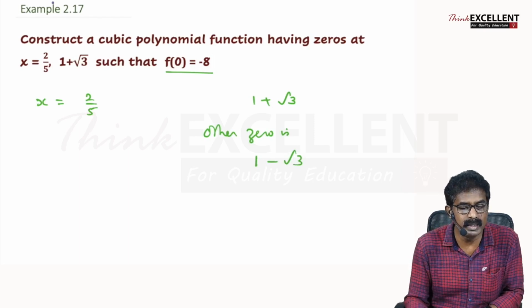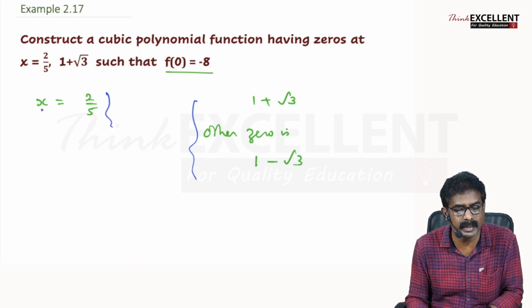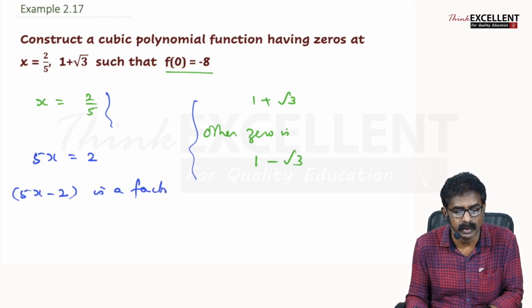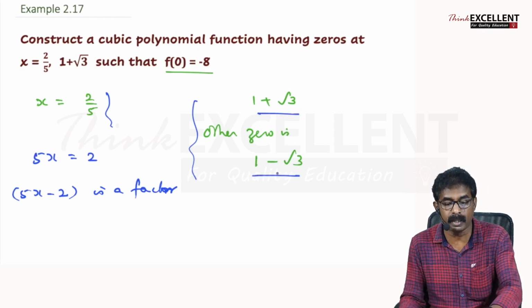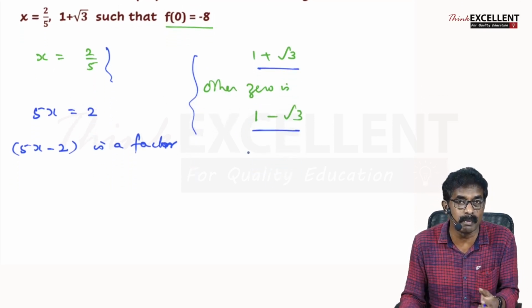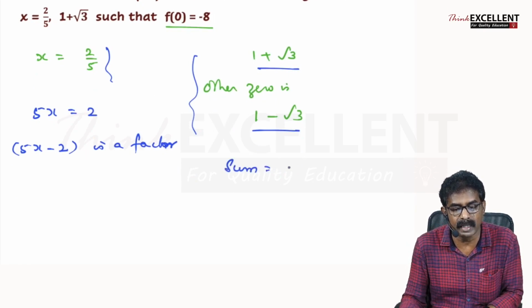So now with these zeros, you can find the factors. Here x equal to 2 by 5, right? So cross multiply, 5x is equal to 2. Bring it to the left side: 5x minus 2 is a factor. In the second case, there are two zeros, right? To find the factor, a quadratic polynomial is x square minus sum of the roots into x plus product. So you find the sum and product. Sum: add 1 plus root 3 plus 1 minus root 3.